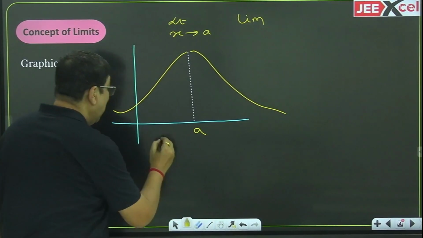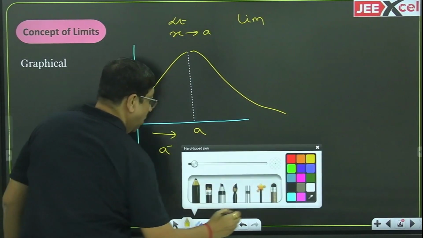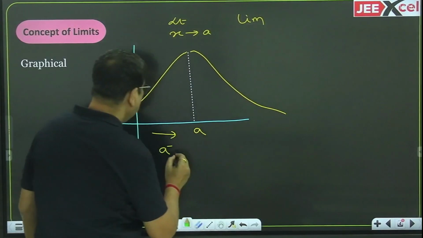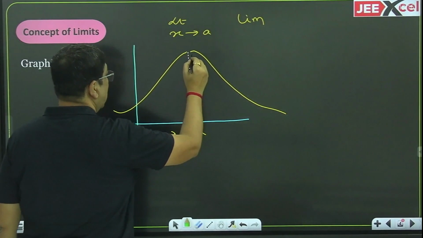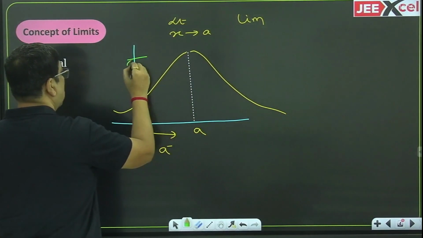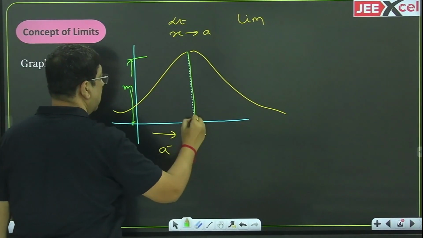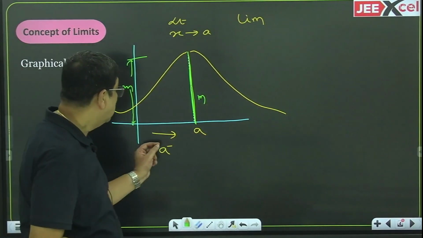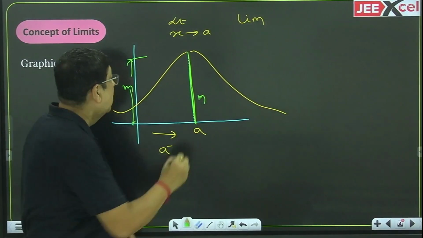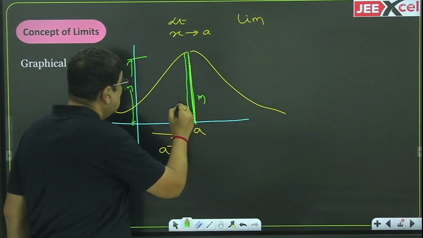First of all, when x is coming from the left-hand side, x tends to a minus. Suppose this height is m. So when x tends to a minus, this value is coming m.